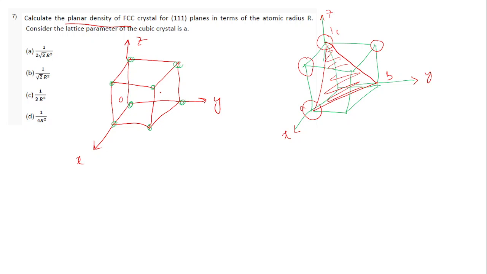It's in between these edges. So the one at the top won't lie on the plane. The one in this corner, these 3 atoms only will lie on this plane. Okay. So only these 3 will lie on this plane. So that means how many are there? Okay.